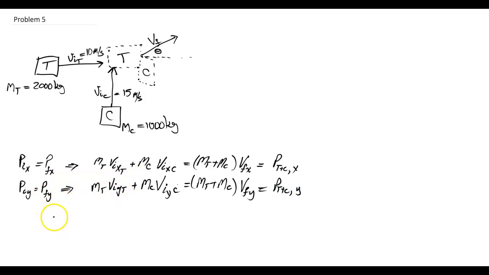So we can say that the momentum of the truck plus car in the x direction is going to equal the mass of the truck, which is 2,000 kilograms.